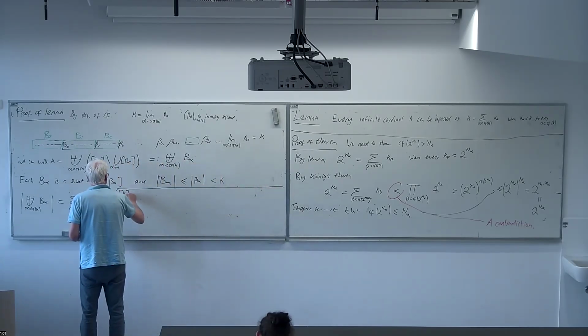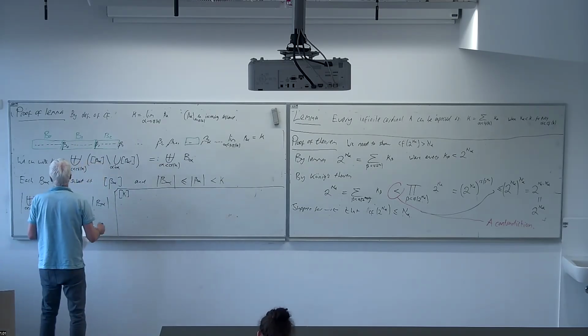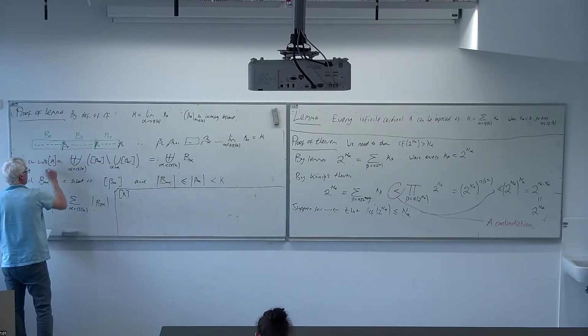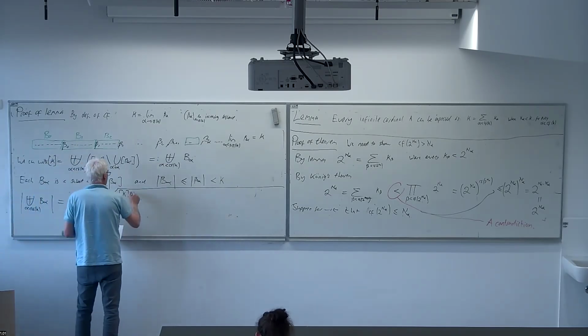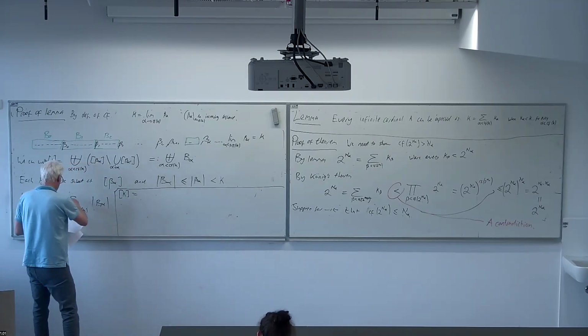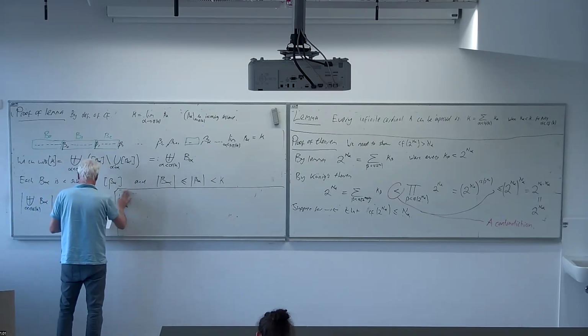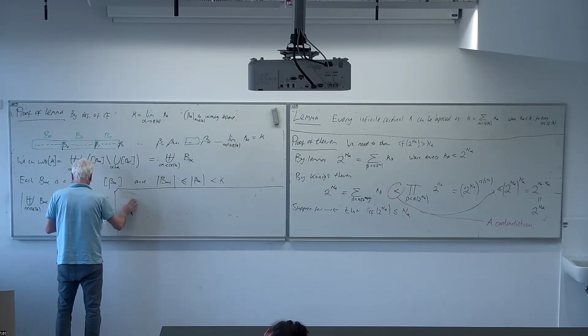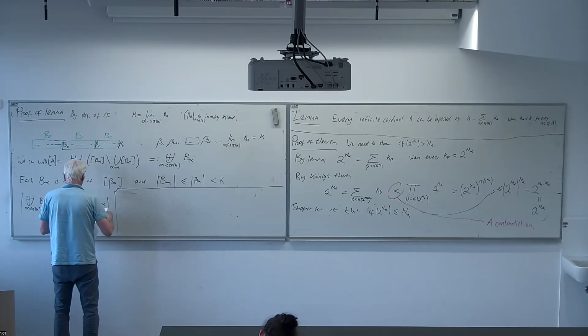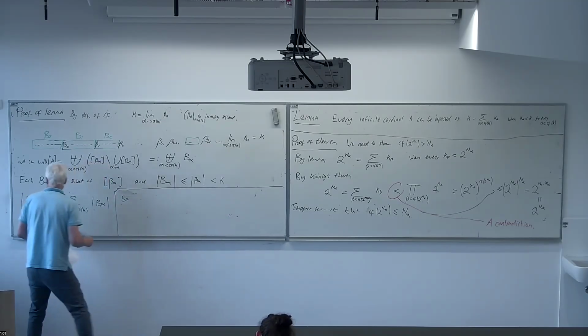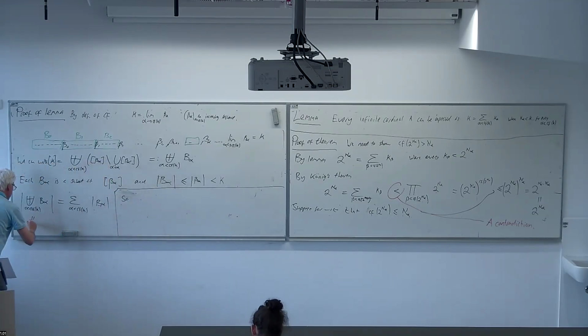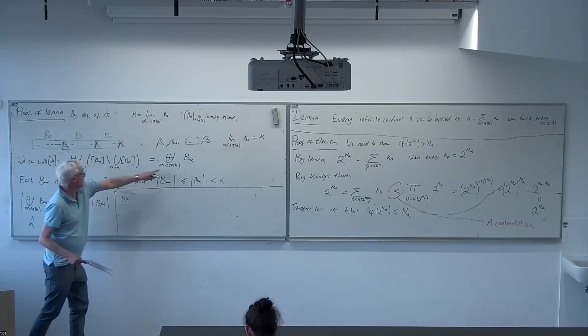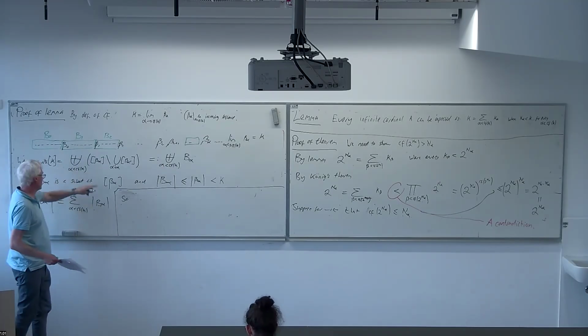So the ordinals below kappa, well, I've already written this here. So this equals kappa, because that's the same as kappa here.